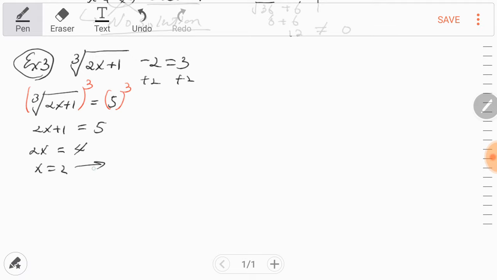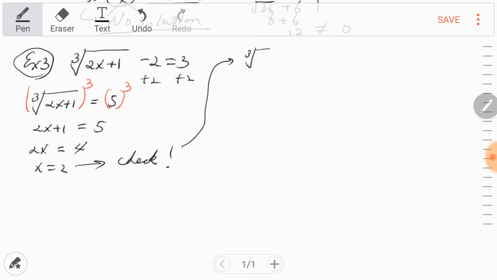So we got the value x equals 2. Then let's check if this satisfies the equation. Cube root of 2 times 2 plus 1, minus 2, is it equal to 3? Let's check. Then cube root of 4 plus 1 is 5, minus 2.